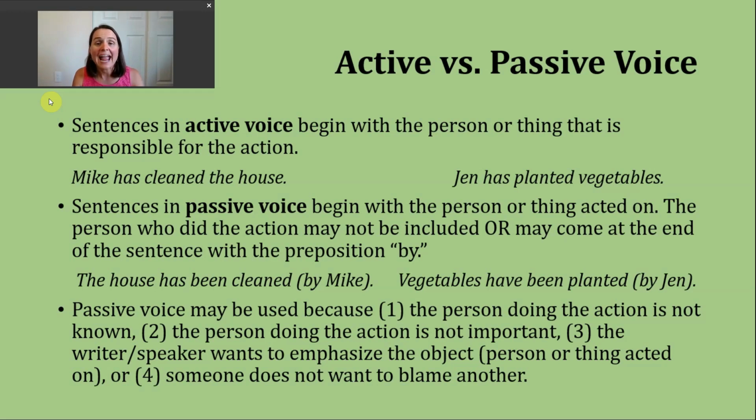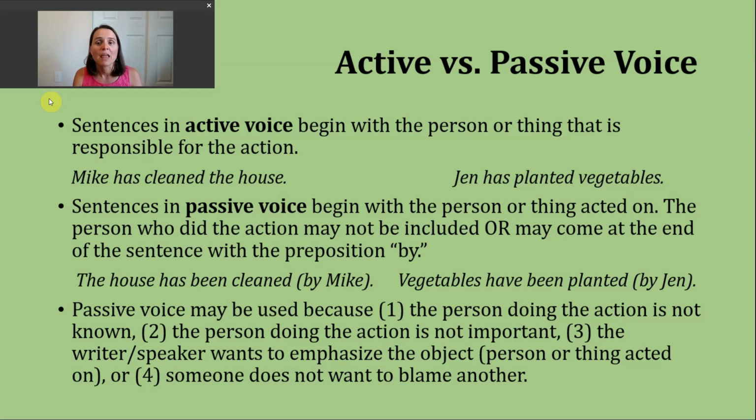So I can take my active voice sentences and change them into passive voice. So Mike has cleaned the house is the active voice, and I can make that passive by moving the house, that's what received the action of cleaning, to the front of the sentence. The house has been cleaned, or I could say the house has been cleaned by Mike.